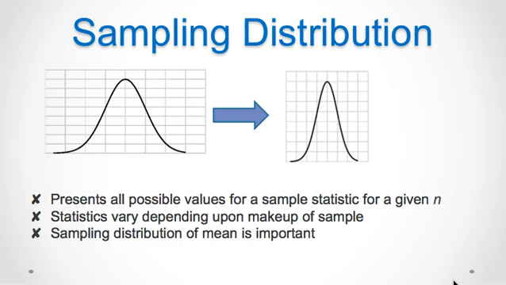The sampling distribution allows us to determine whether, given the variability among all possible means, the one sample we've observed is a common outcome or an unusual outcome.